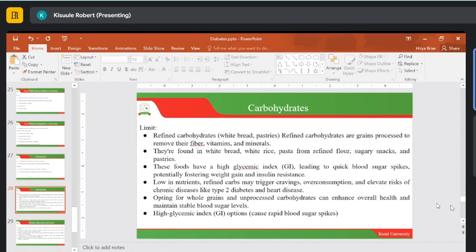But yeah, let's use highly refined maize flour. Highly refined maize flour has now lost those minerals and is left with calories. That is why people are talking of fortification of maize.